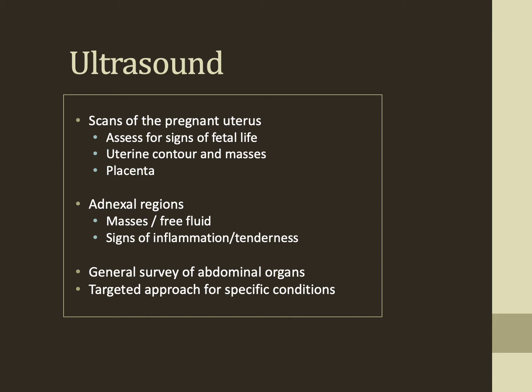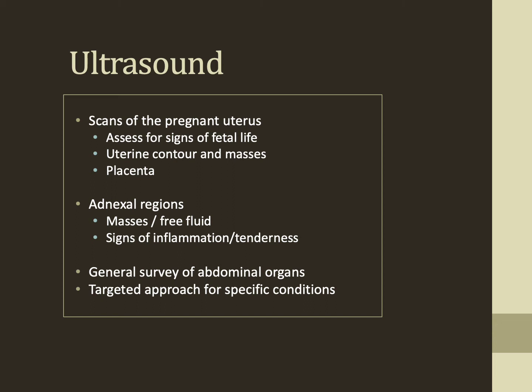We also examine it for presence of any masses, such as uterine fibroids. Then we look at the placenta to see whether there's any hematoma or hemorrhage. We also assess the adnexal regions for presence of masses or free fluid and signs of inflammation or any focal tenderness.